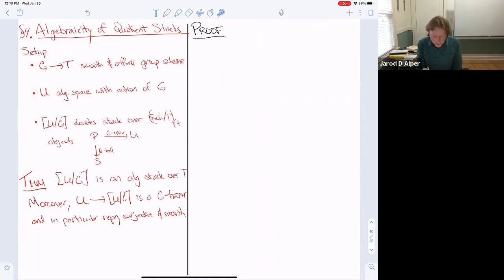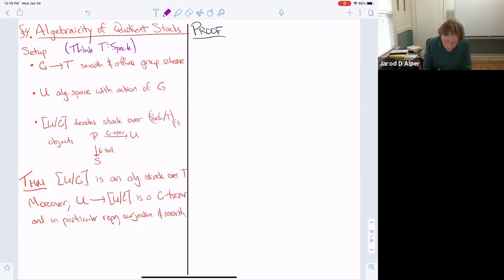On the left-hand side, I just have the setup. G to T is a smooth and affine group scheme. If this generality is too much, just take T to be the spectrum of your favorite field, and then G is just an honest smooth affine algebraic group.